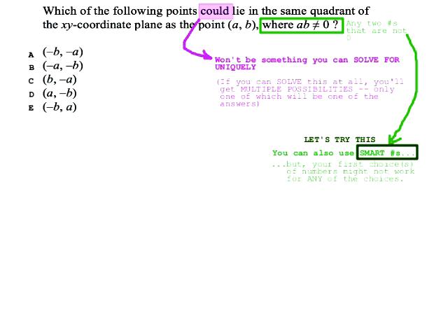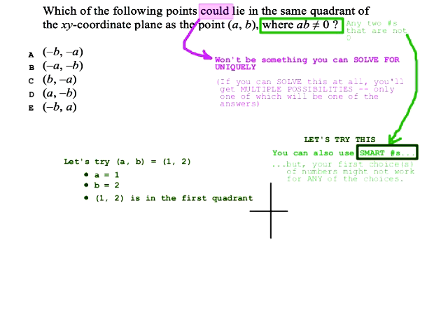But let's try A and B equals 1, 2. So A is 1 and B is 2. Then the question becomes which is in the same quadrant. That's in the first quadrant, so 2 positive. You don't really have to know the numbers of the quadrants, by the way, as long as you know which quadrant you're talking about.